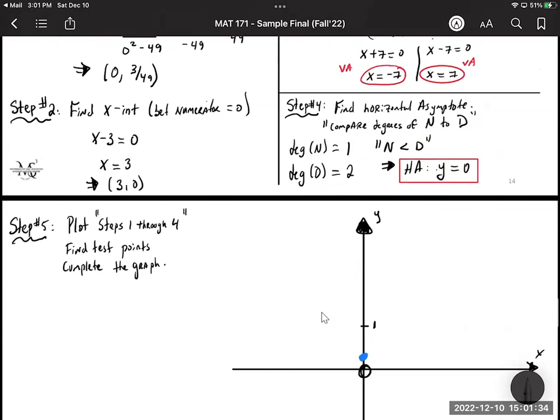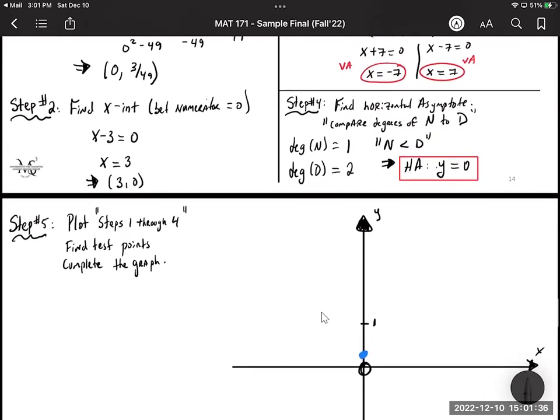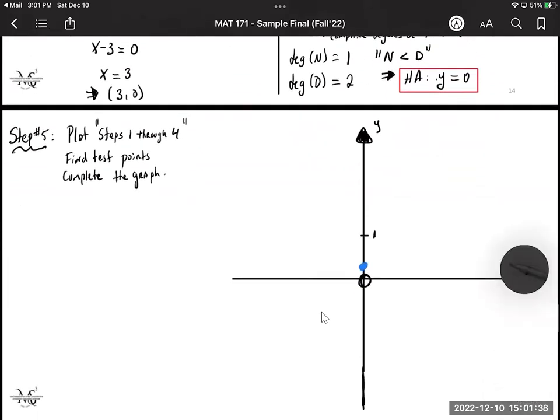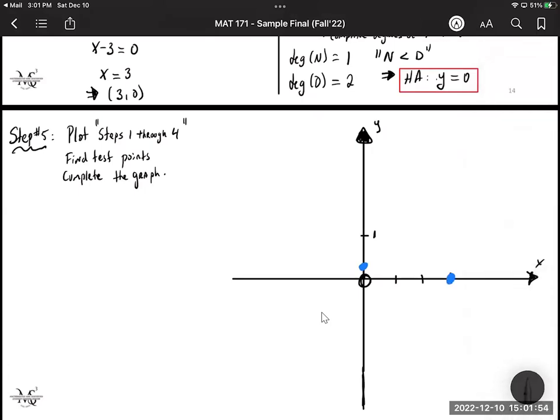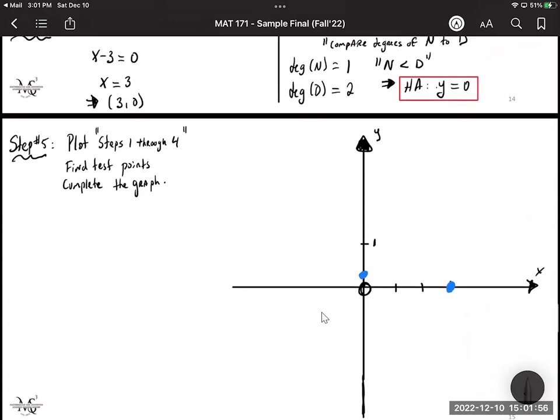Next, we plot our x-intercept, which is (3, 0). From the origin, I just have to move 3 units to the right. So here's 1, here's 2, here's 3. This would be another point on this graph, (3, 0). All right, so we've got 2 points so far.